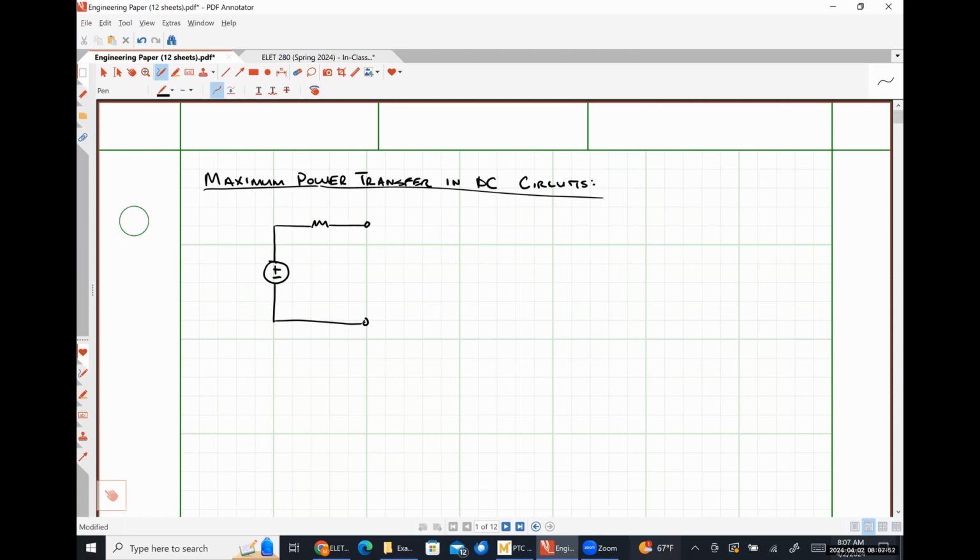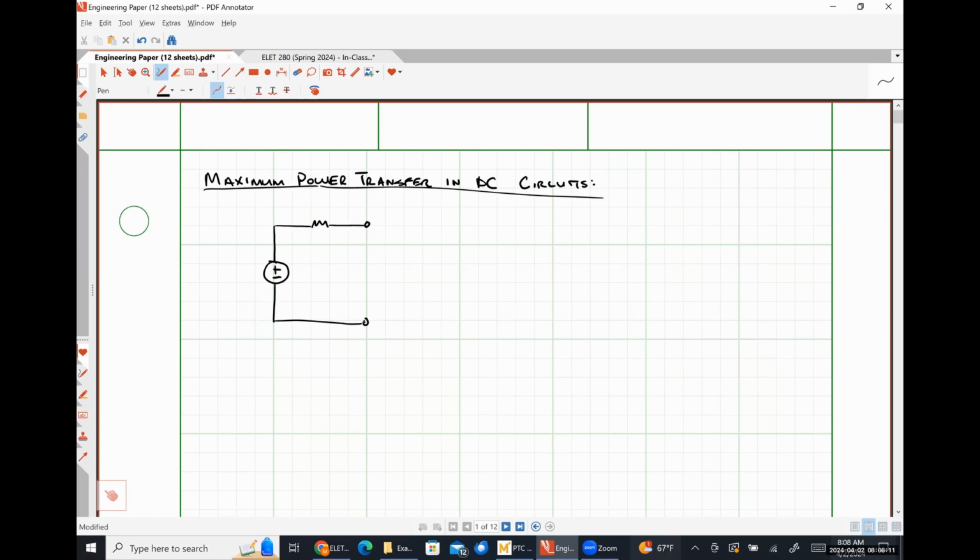You could have also a Norton equivalent circuit, which is a Norton current source in parallel with a Thevenin resistance, and those two, the Thevenin equivalent circuit and the Norton equivalent circuit, have to be electrically equivalent to each other because they're electrically equivalent to the same larger circuit.